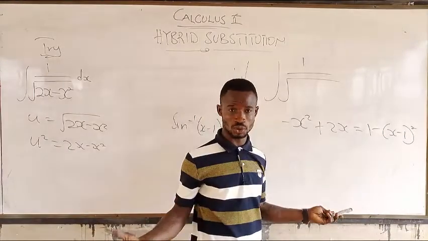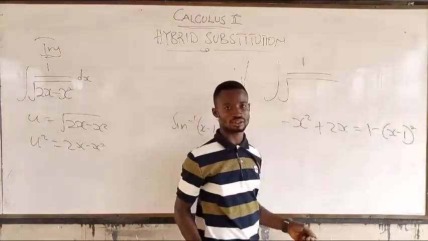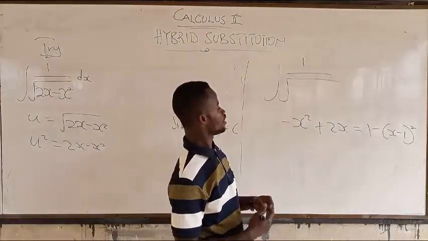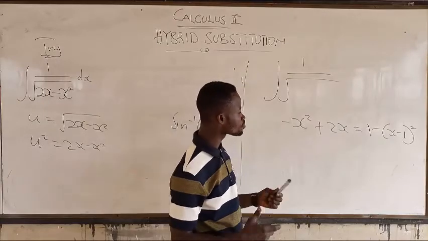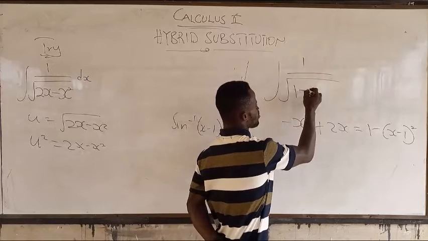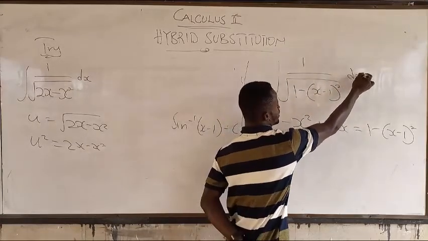And you know how to complete the square. The coefficient is negative 1. Multiply throughout, you know the process. Very good. So after that, you come and write the integral of 1 over square root of 1 minus x minus 1 all squared dx.